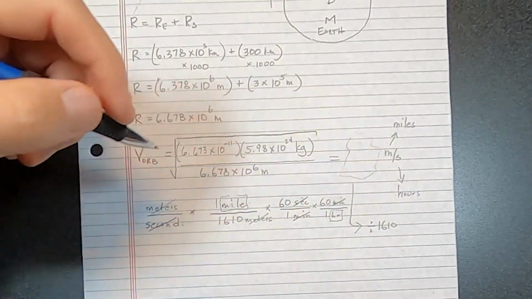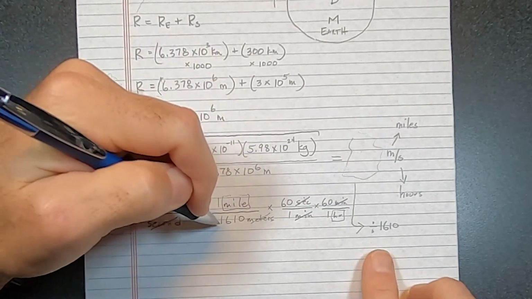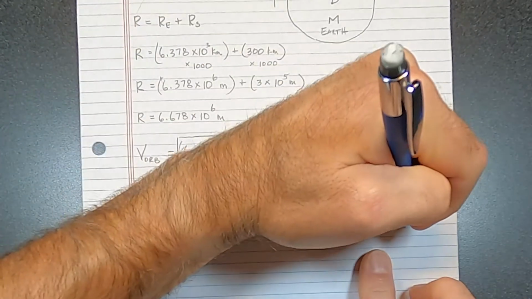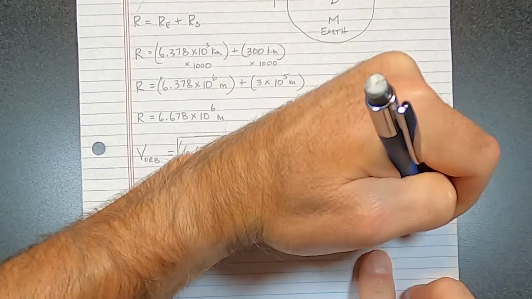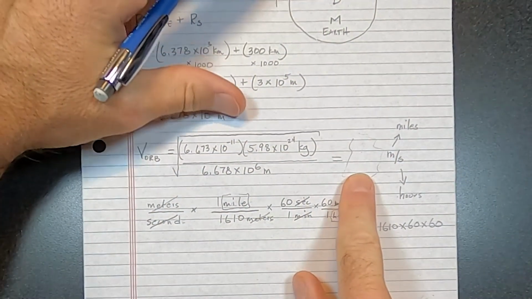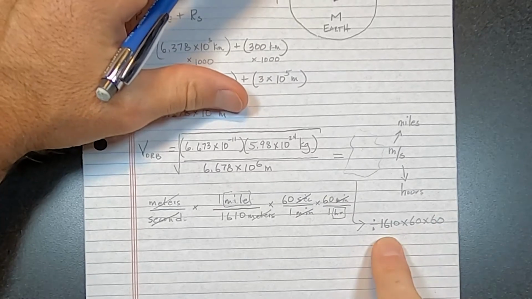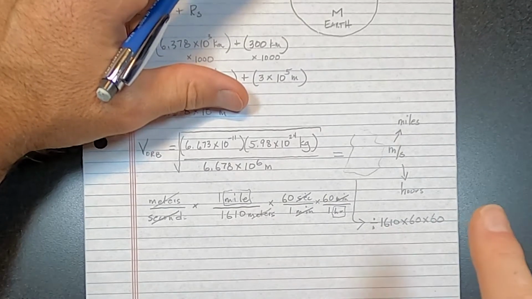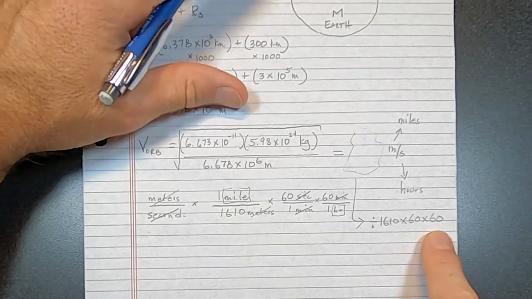So it's divide by 1610, multiply by 60 twice. So this answer divided by 1,610 times 60 times 60.